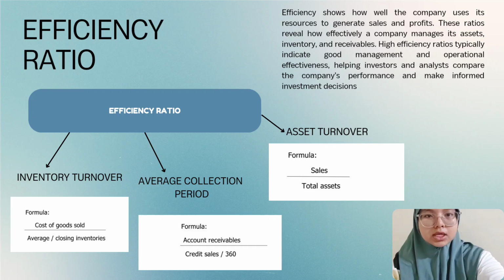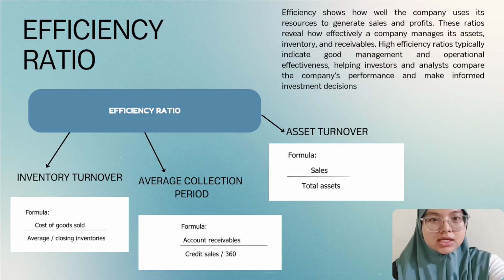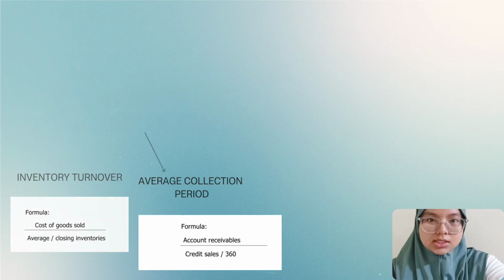Average collection period calculates how many days it took the company to collect debt from the client. The formula is to divide account receivable by credit sales, and the credit sales also need to be divided by 360 days. And the last method is total asset turnover. This method shows how efficiently the company uses all assets in generating sales. The formula for this method is to divide sales by total asset.